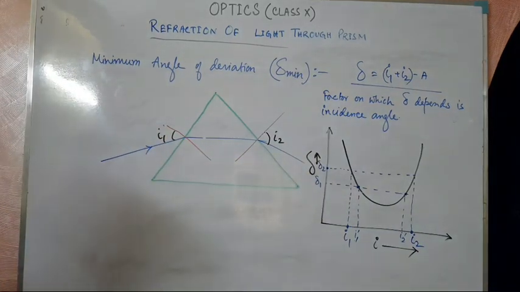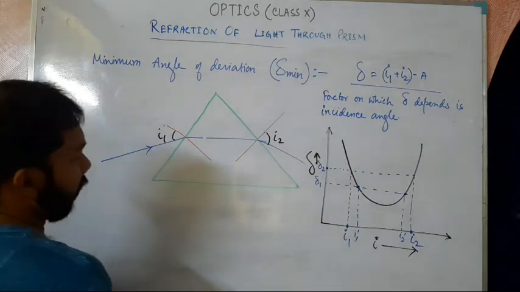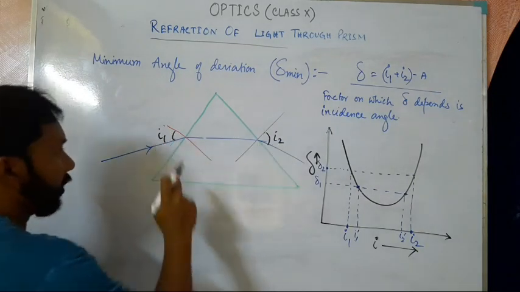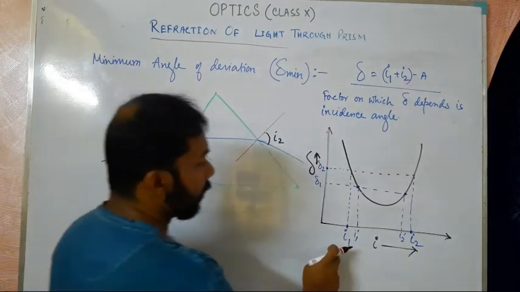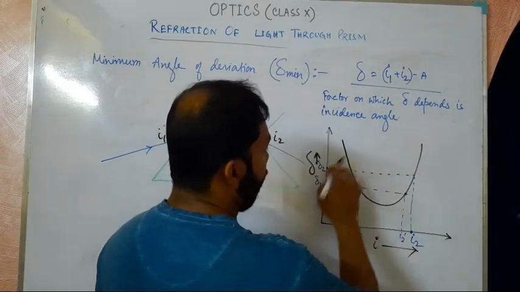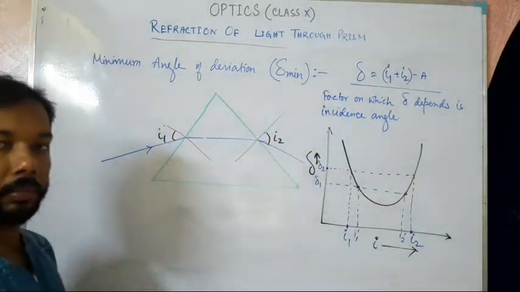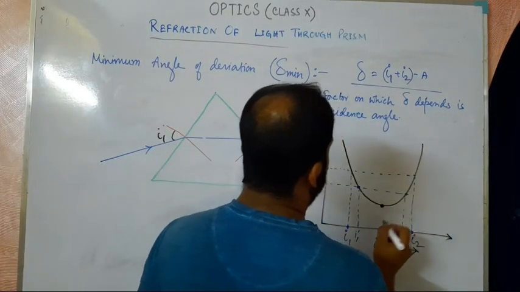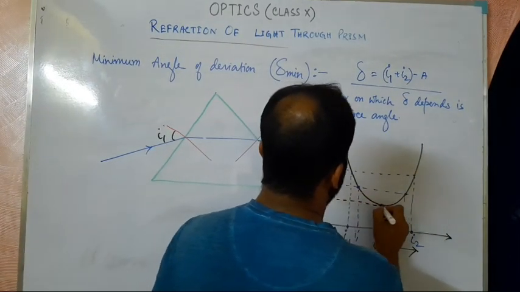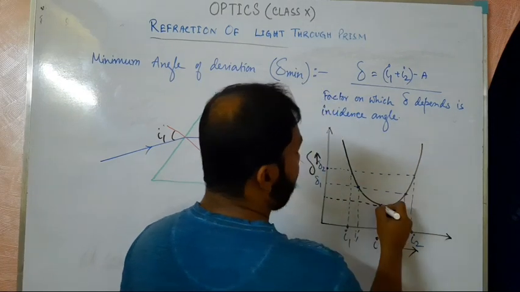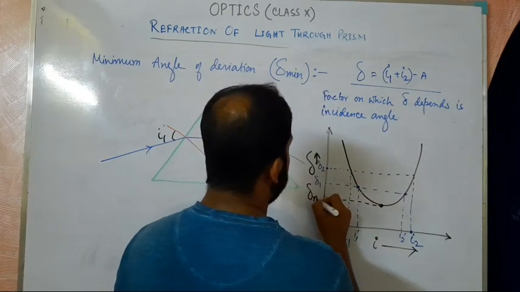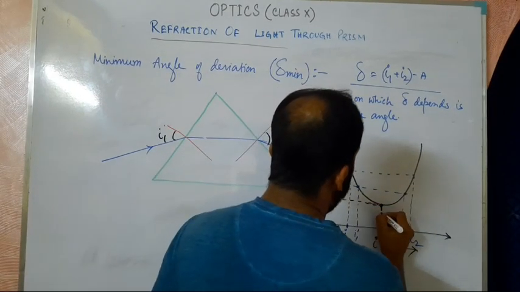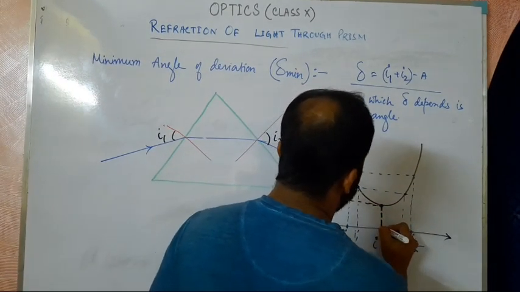So for a particular delta, there are always two incidence angles, and these are found in the graph also. But look, this is a particular value of delta where the value of delta is minimum. So this is delta minimum, and for delta minimum we can find only one incidence angle instead of two.